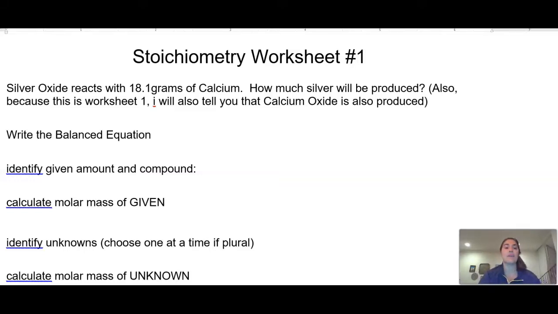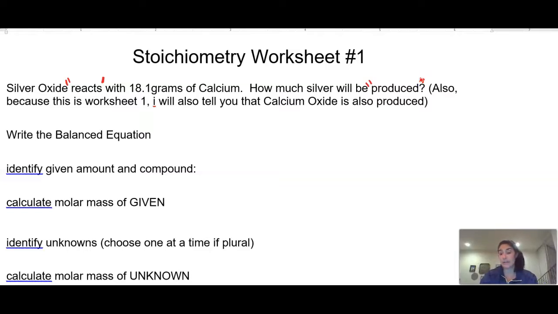So here it says silver oxide reacts with calcium. All right, so that word react is sort of a buzzword, if you will. And then also it says how much silver will be produced. Well, there you go. There's another buzzword for you. So it's telling me silver oxide reacts with calcium.